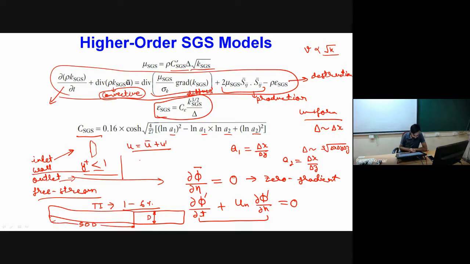So we take a 50 times d domain in the upstream direction, and here we give a laminar velocity profile, and in this region the flow will transform from laminar to turbulent. Okay, but once again this becomes more computationally expensive.